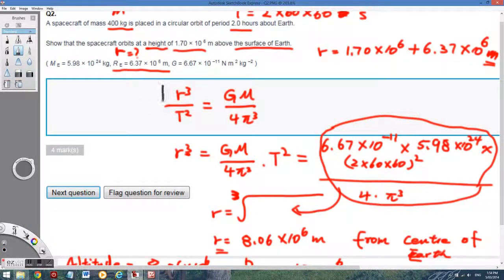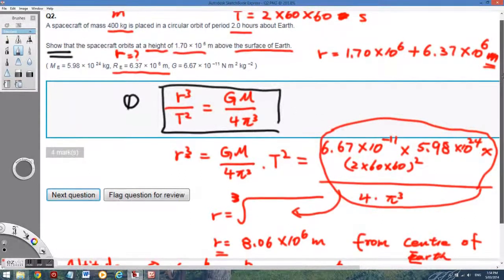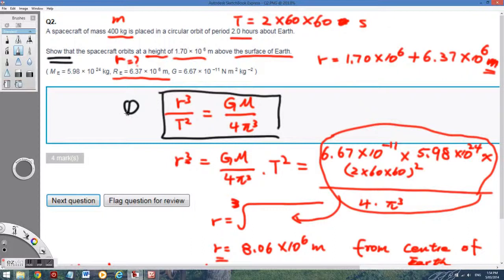In this question, since it's a proof question, and by the way this is an examination question from a past year, you get 1 mark for this. You also get 1 mark for the correct radius.